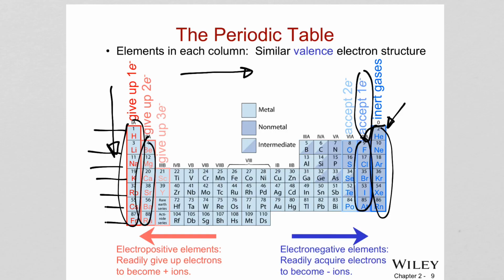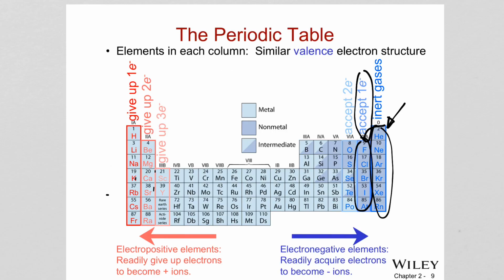And let's look at some trends here. Atomic radius will increase when we go from right to left, and top to bottom.